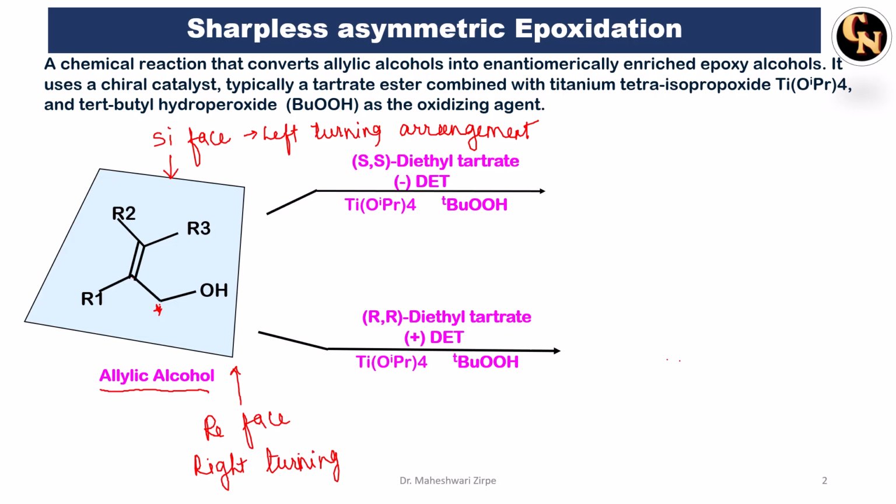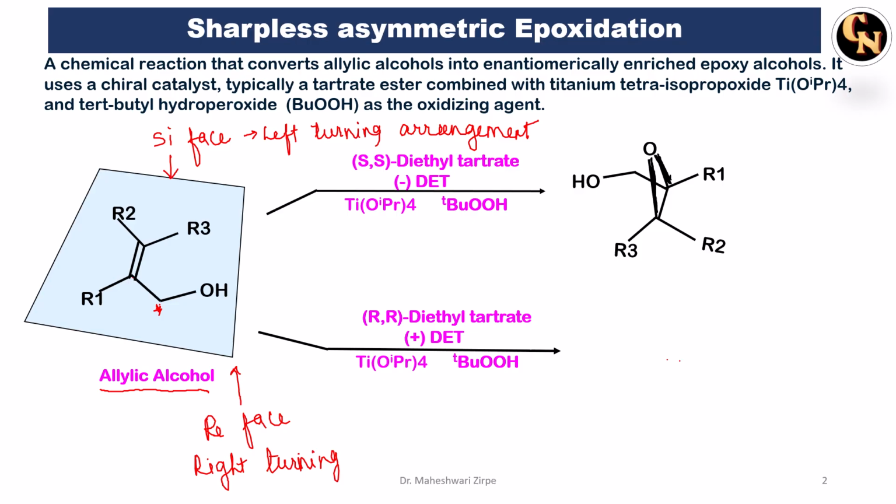Now whenever it is minus DET, that is, it will have a si arrangement, you will get a product that is this way. Let me show you. You will find that you are going to get an epoxide on a pi bond, that is this pi bond, and you are going to get a wedge, that is, the epoxide ring is above the plane.